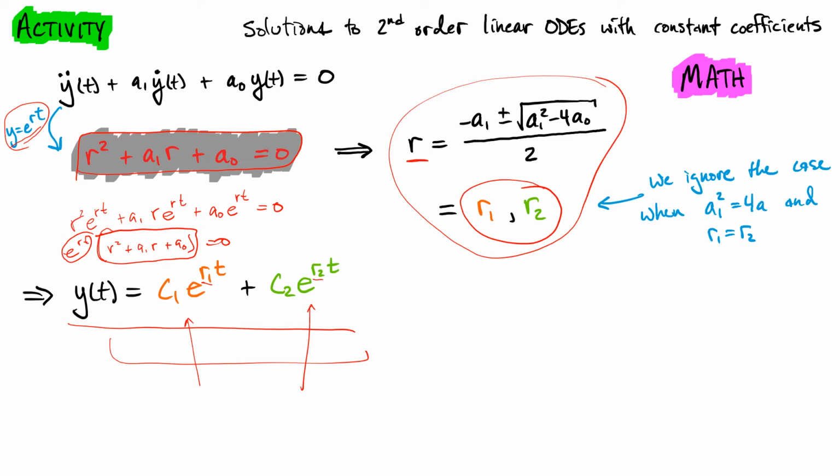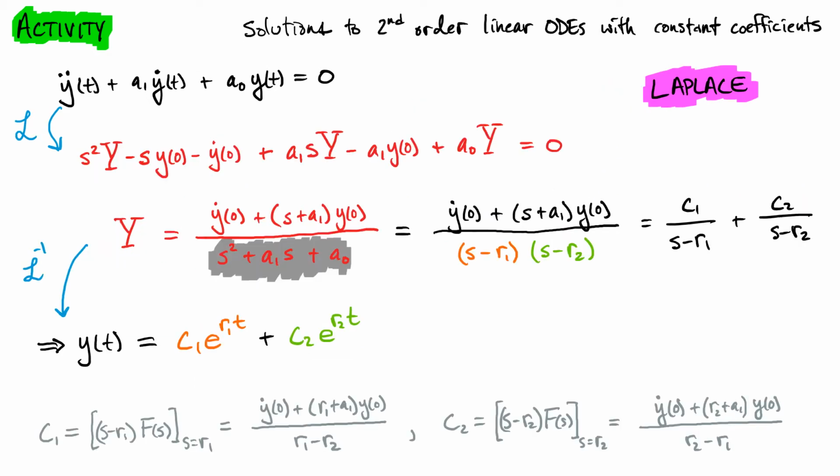So now let's take a look at the Laplace approach. In the Laplace approach, we go ahead and take the Laplace transform of the differential equation, and we get this term for y double dot. We get this term for y dot, and notice that both terms get that a1 coefficient.